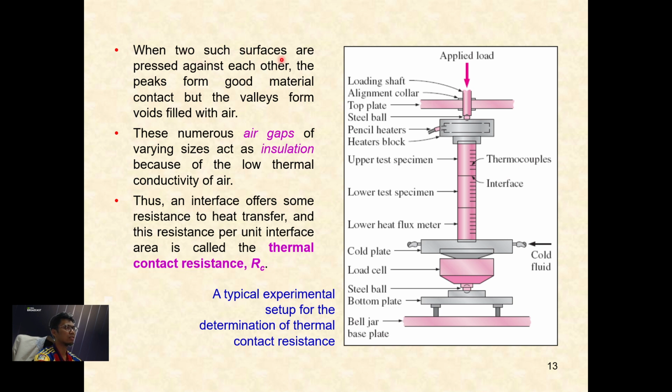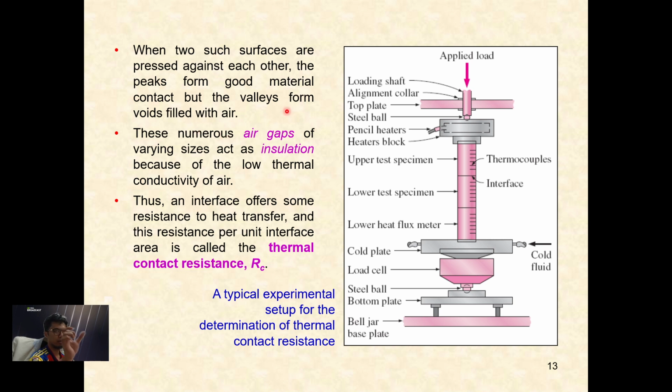When two such surfaces are pressed against each other, the peaks form good material contact, but the valleys form voids filled with air. Where there is good contact, there is conduction through the two materials. But where there is no contact, there must be air in between.